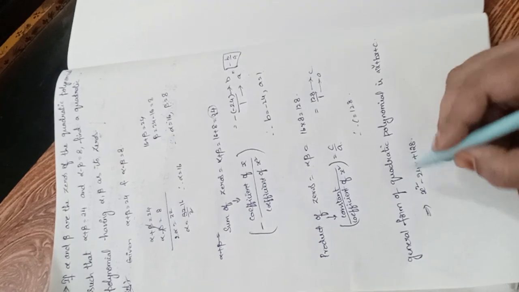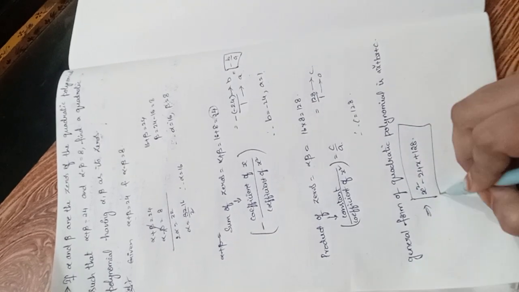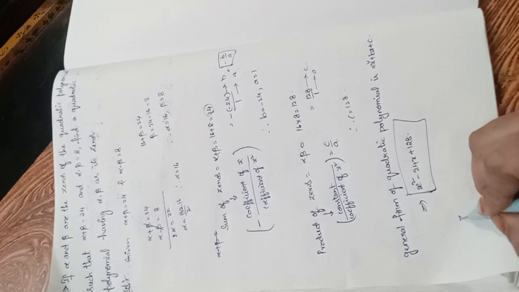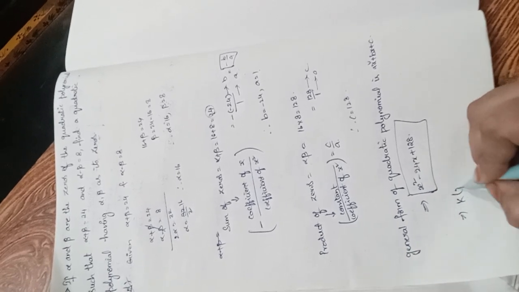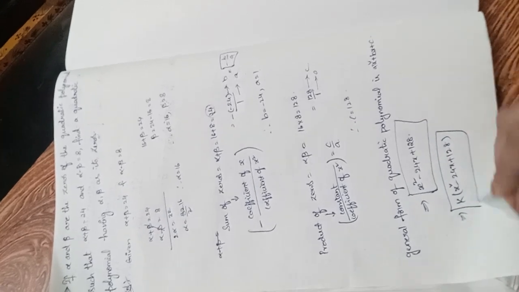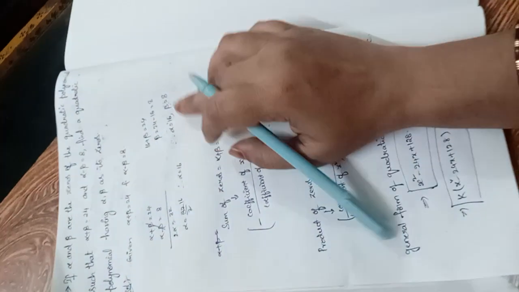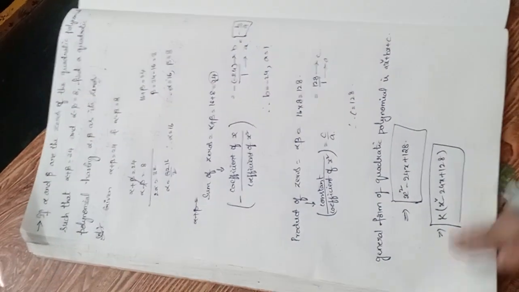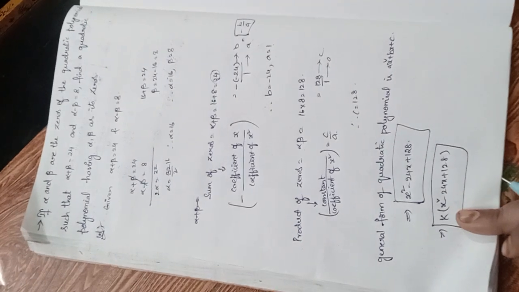Got it? See, not only this polynomial, if you multiply this by some number, for all of those also these two, 16 and 8, will be the zeros. Understood? Say for example I multiplied by 2.